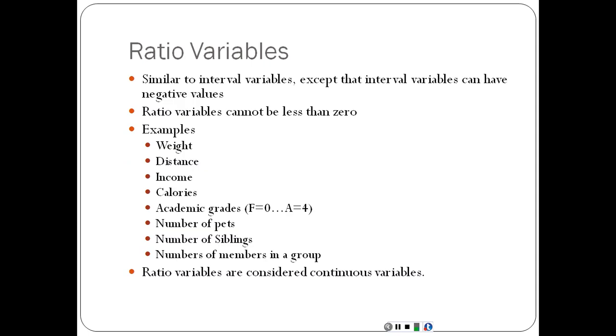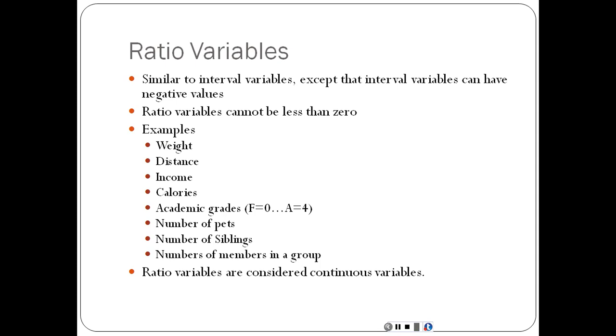Now, ratio variables are very similar to interval variables, except that only interval variables can have negative values. Ratio variables cannot be less than 0, so you will not see a negative number for a ratio variable. Some examples include, for instance, weight, distance, income, calories, academic grades.